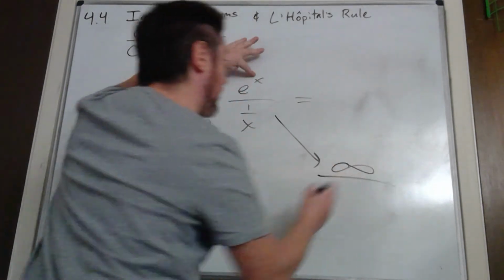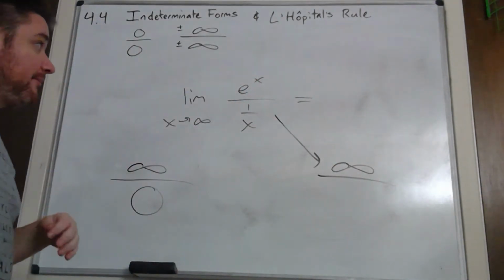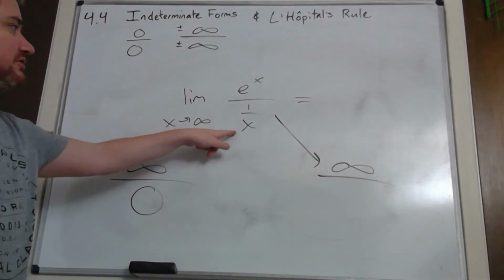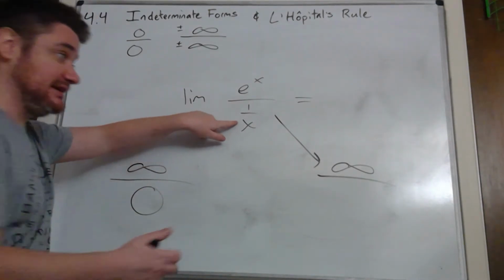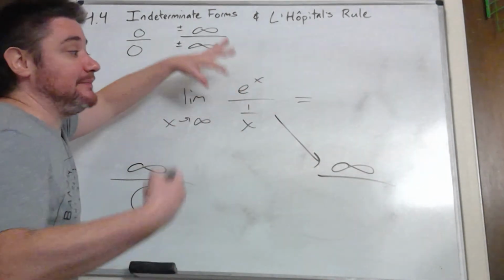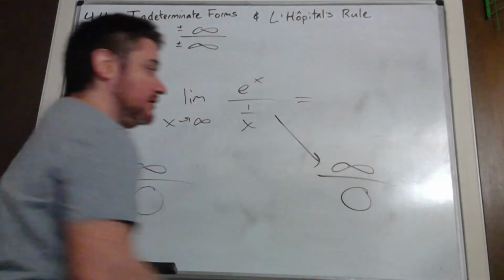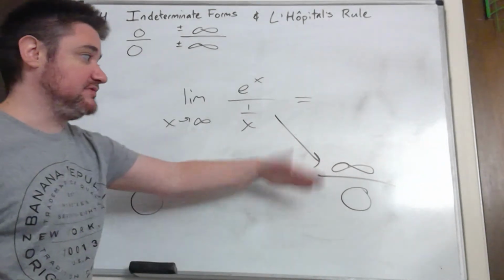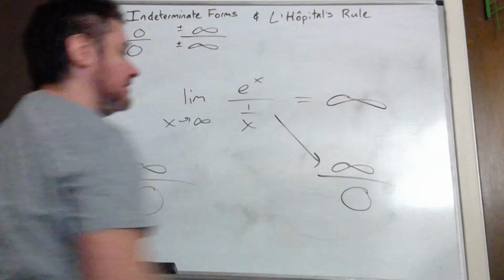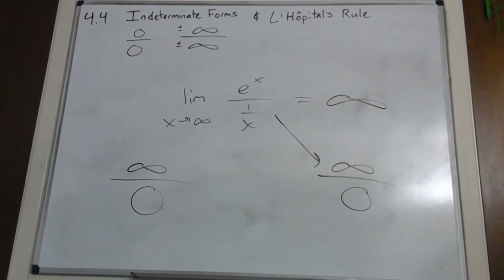So the numerator is growing, which seems like it's making this ratio large. And simultaneously, as x goes to infinity, 1 over x is approaching 0. So the top is growing, which makes the ratio grow. The bottom is shrinking, which makes the ratio grow. So they're both, it's like taking vitamins and then taking steroids, right? Growing extra, limit overall would be infinity, okay?